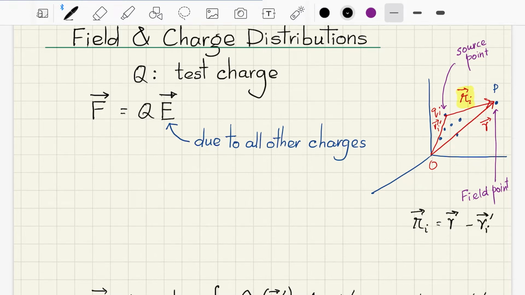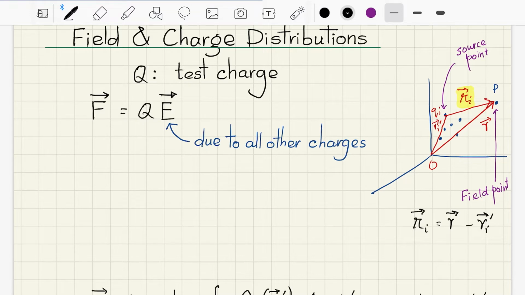So the primed coordinates we call the source points. So this is a symbol, and we'll follow this as much as possible where there is possibility of confusion.